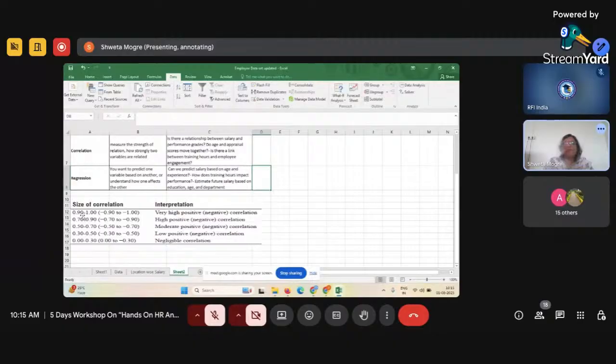If my value of r is 0.9 to 1, I say it is very high correlation. If my value lies between 0.7 to 0.9, it's high. If it is 0.5 to 0.7, it is moderate. If it is 0.3 to 0.5, it is low. And below 0.3, it is negligible.